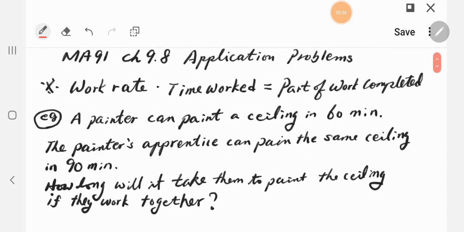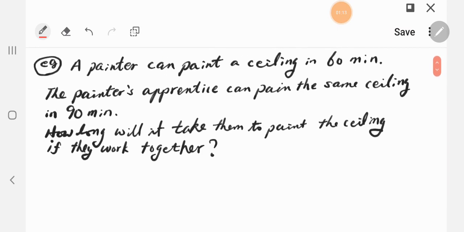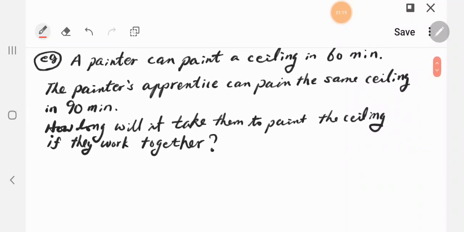So let's look at this one. The work rate times the time they worked will be the part of the work completed. So the work rate is important. Let's say here is person A. One person completed one job in 60 minutes.